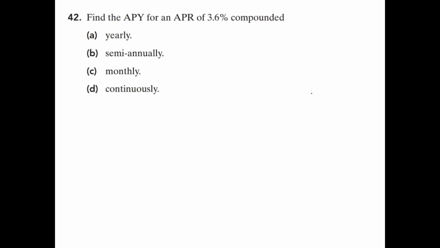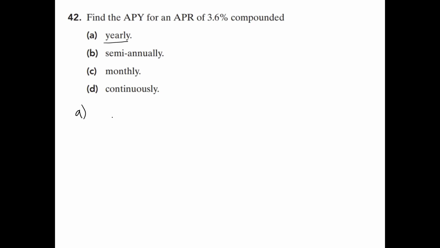Find the APY for an APR of 3.6% compounded yearly, right? So since it does not matter how much you started with, let me go ahead and just do this with P, right? For part A, we have the formula, since we're doing it yearly.